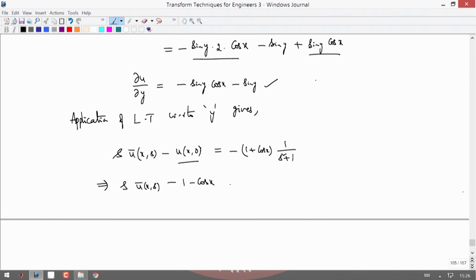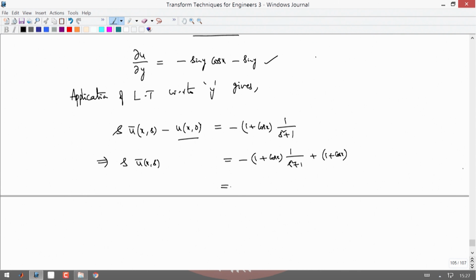Okay. This is equal to minus 1 plus cos x by s square plus 1. Bring this to the other side, so that you have 1 plus cos x here. So, you have finally s u bar of x s is simply s square plus 1 by s square plus 1 minus this plus 1 times 1 plus cos x.